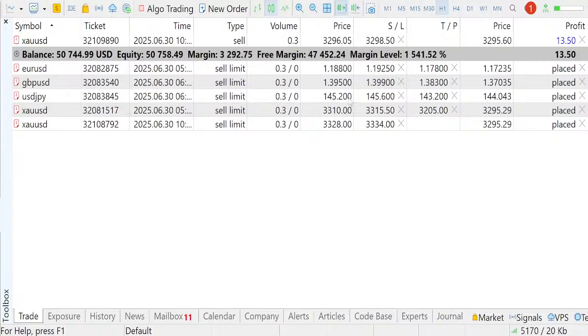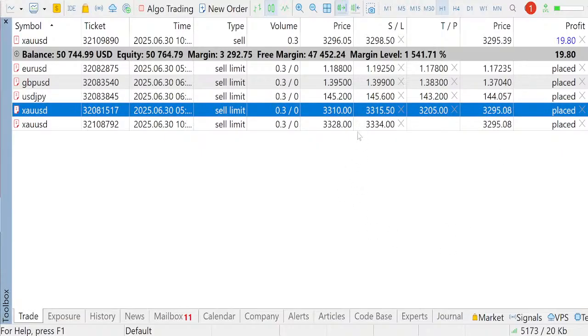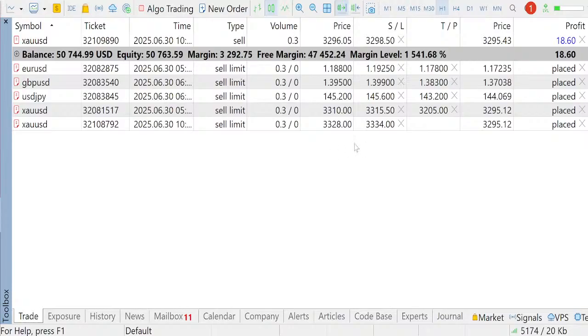The dollar yen selling is still valid, and the gold selling at 3310 is valid, and 3328 is still valid. So the only thing we can look for now is whether we can go for an add-on entry. The add-on entry would be if we are right on the gold selling.